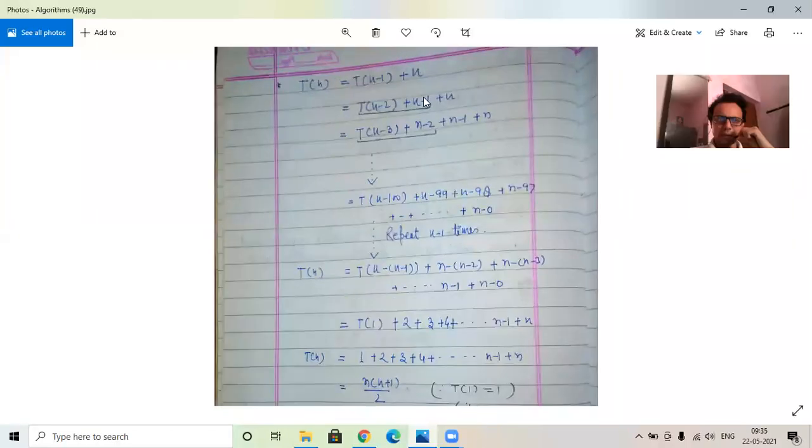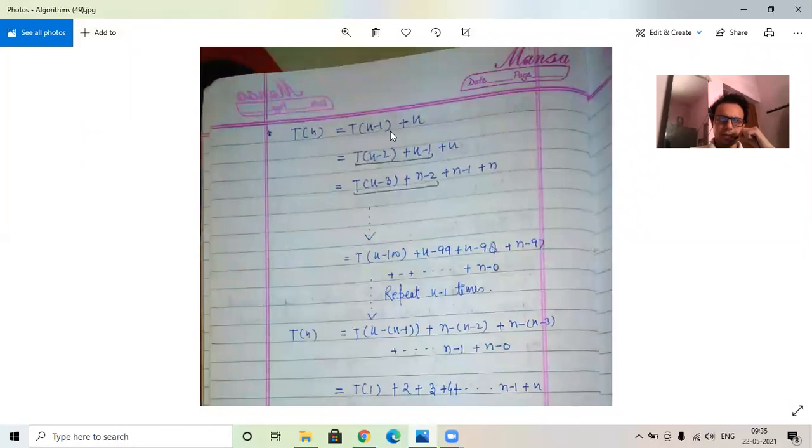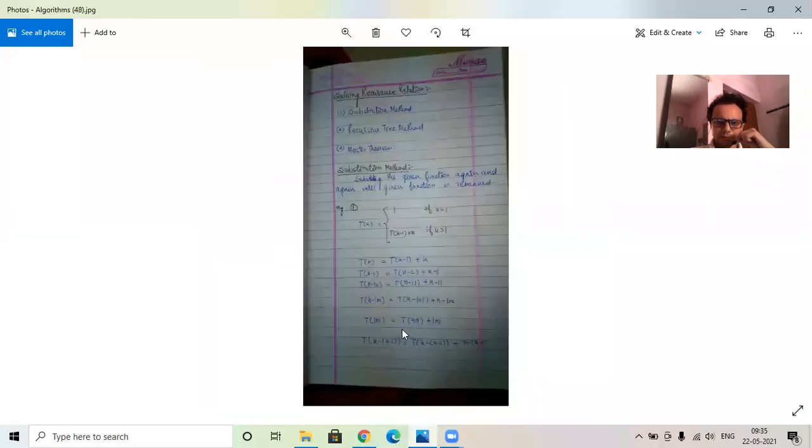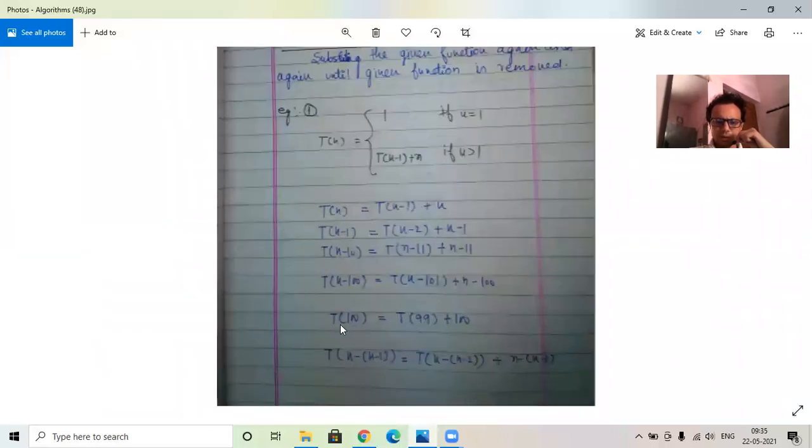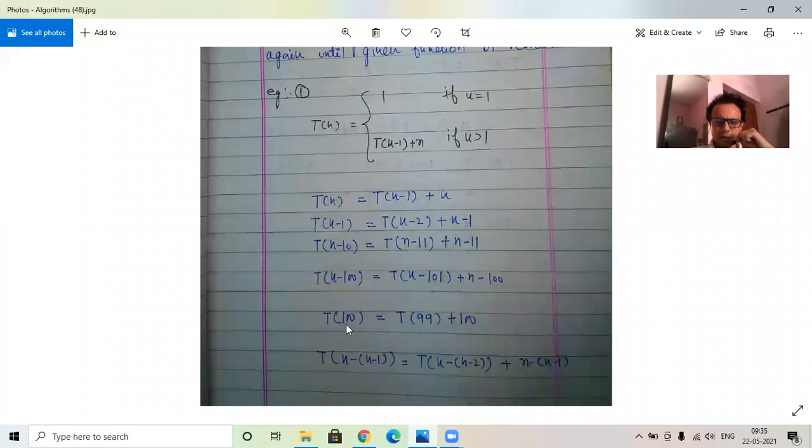So the same thing I have written here: T(n-1) plus n. Next I am writing T(n-2) plus n-1, one after another. So finally, when we are checking, suppose as per example T(100), what is coming? T(100) is equal to T(99) plus 100.